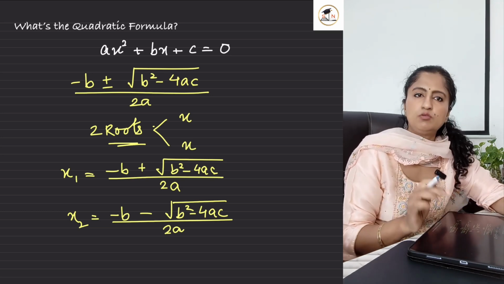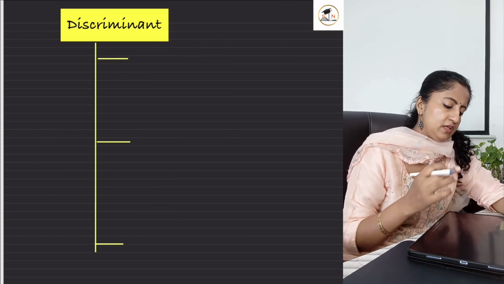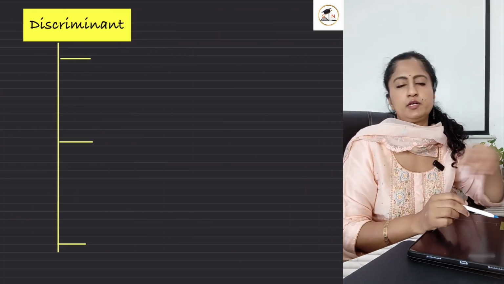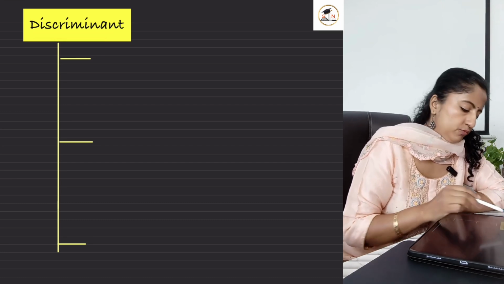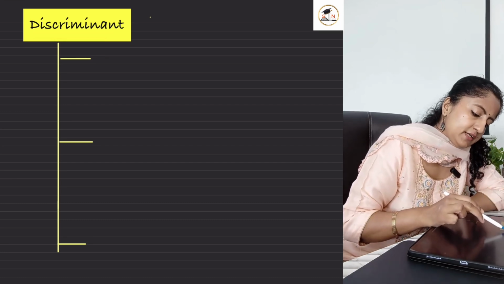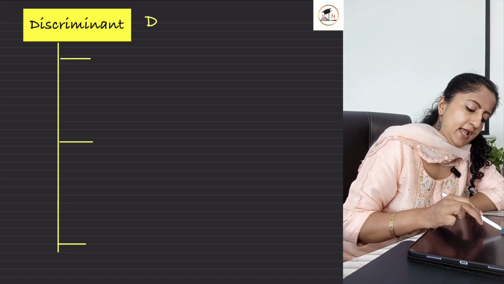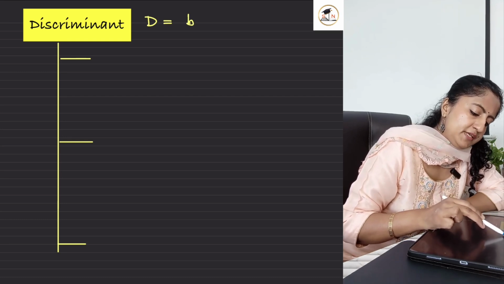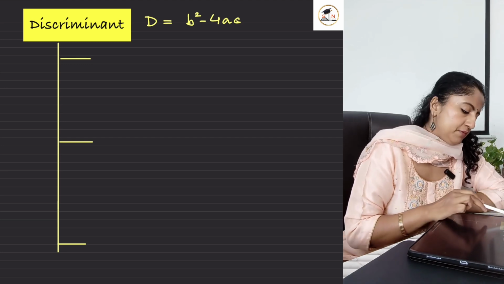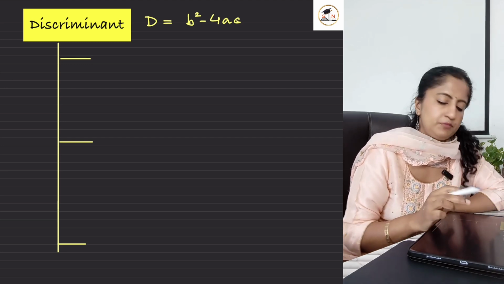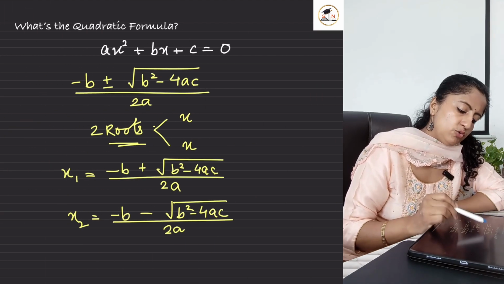We have just learned what it is. Now, we need to learn another important thing, which is called the discriminant. The discriminant is represented by a capital D, and its value is b square minus 4ac. This is the same thing that we had written in the root over here.